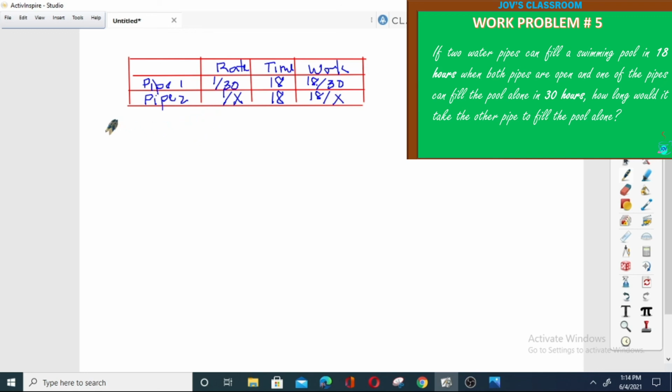Right, so the equation will be 18/30 plus 18/x is equal to 1. Always equate to 1.